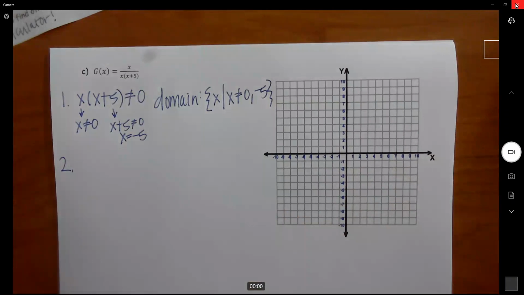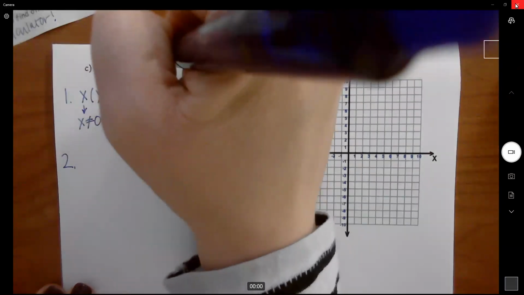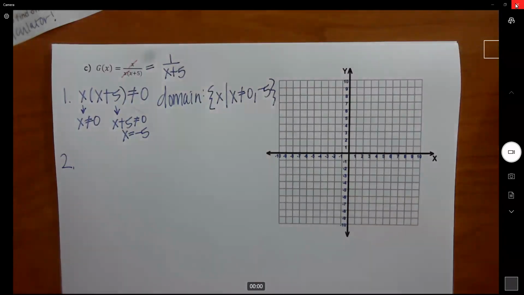Now I'm going to go ahead and take this and I can cancel out some x's. And this reduced, simplified version is 1 over x plus 5.